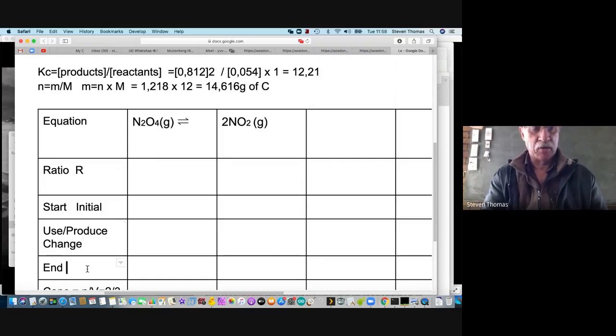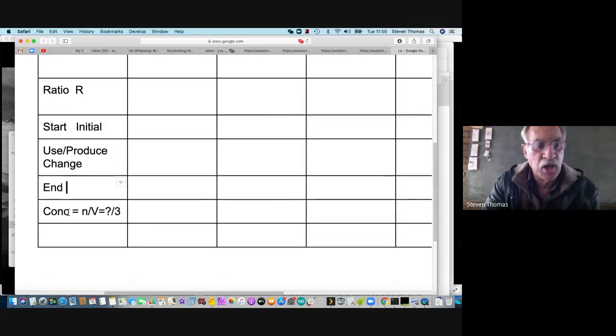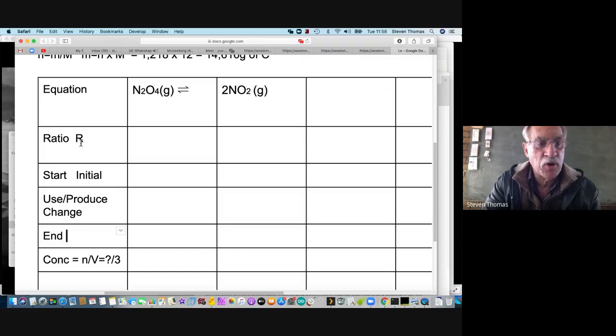E for end. And therefore you get a RICE table. R, I, C, E, and then there's a concentration. So I think of cooked rice. C for cooked. This is just a way of remembering it. R is ratio, I is start or initial, C is how much it changes by, used or produced, E for end, and then don't forget the last column, which is concentration.